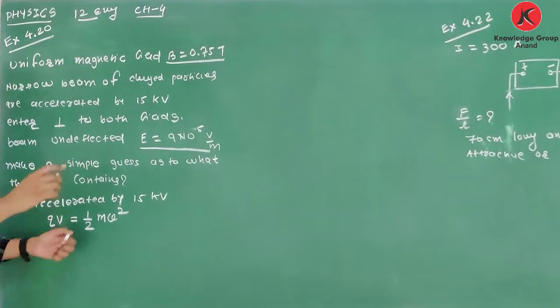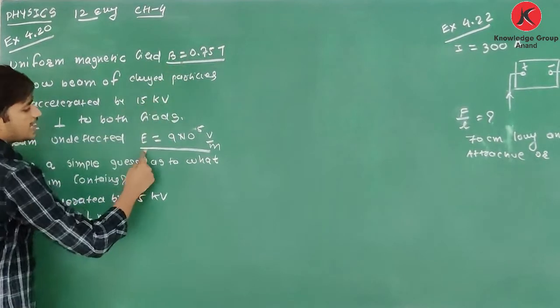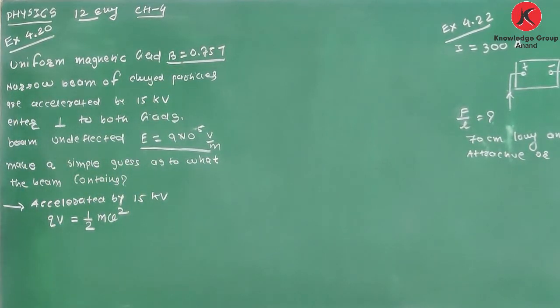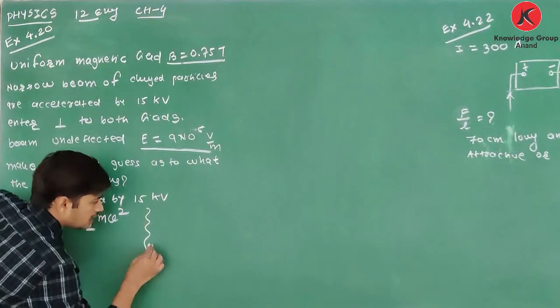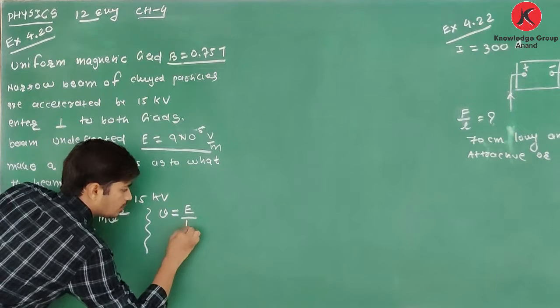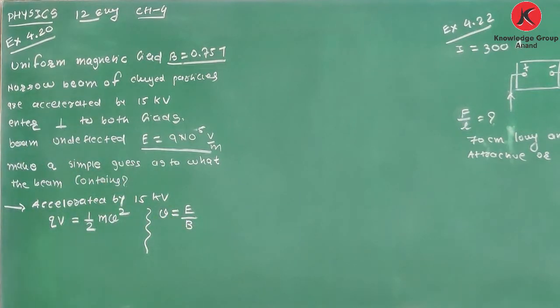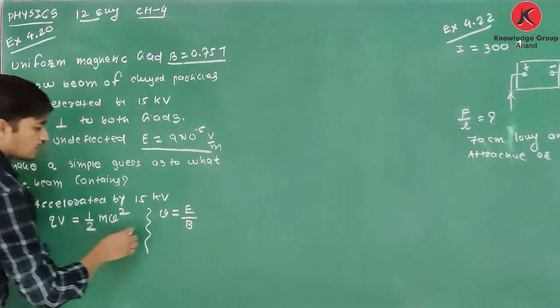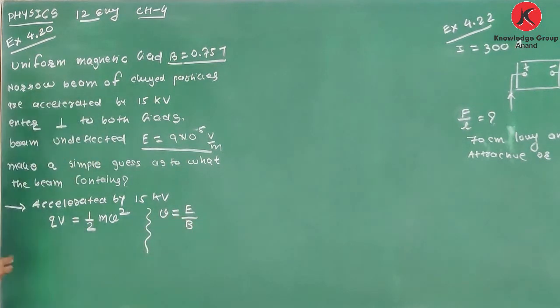You are given B and E. There is also one relation: we know that v is equal to E upon B.